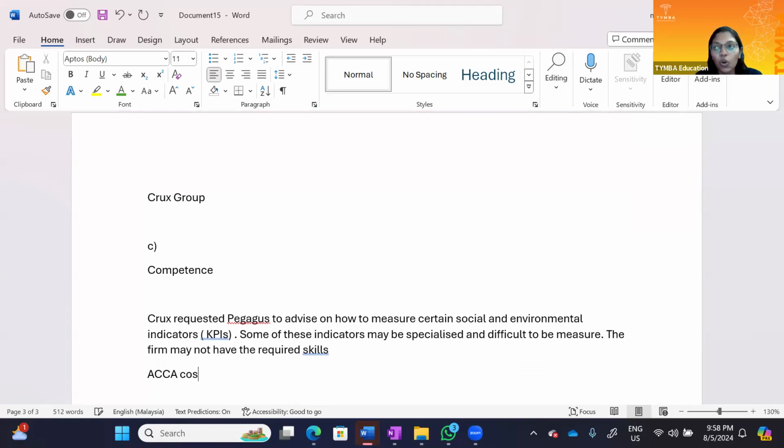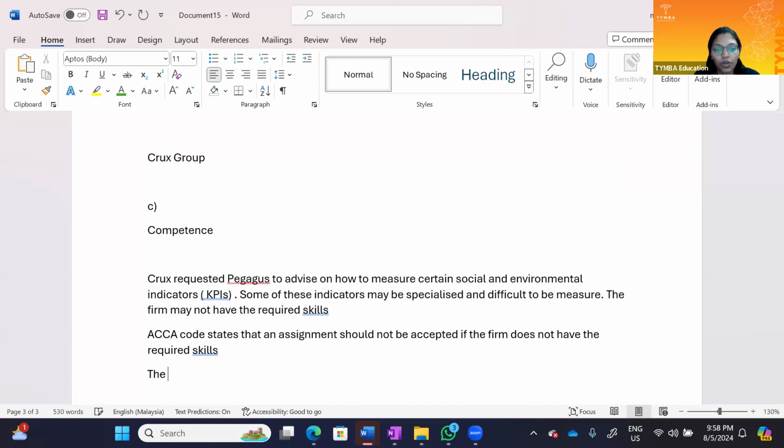The ACCA code states that an assignment should not be accepted if the firm does not have the required skills.